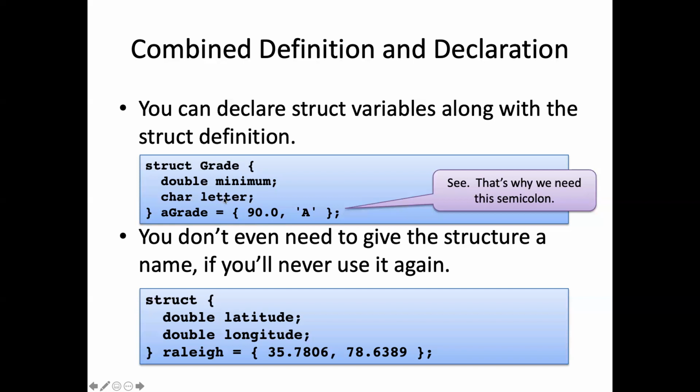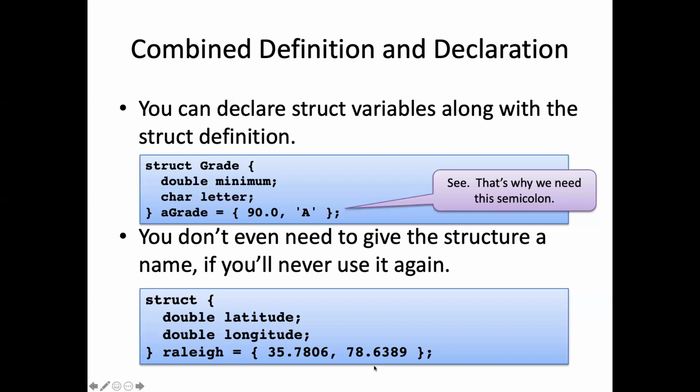In fact, if you want to go ahead and start making instances of a struct, you may not really even need a name for that struct. If you can make all of the instances you need right when you're defining the struct, down at the bottom, I left out the name for the struct. I guess city or something like that might be a reasonable name, but I didn't bother to name it because the only instance I'm going to make is Raleigh.